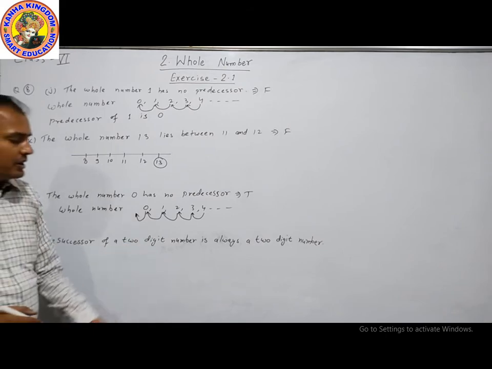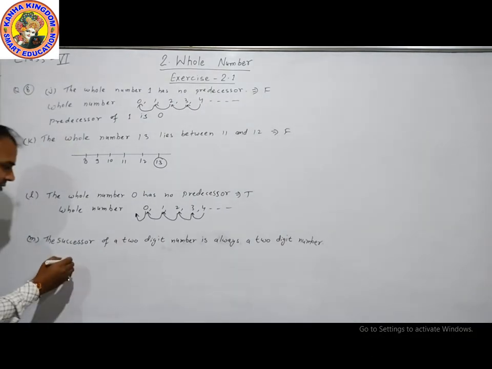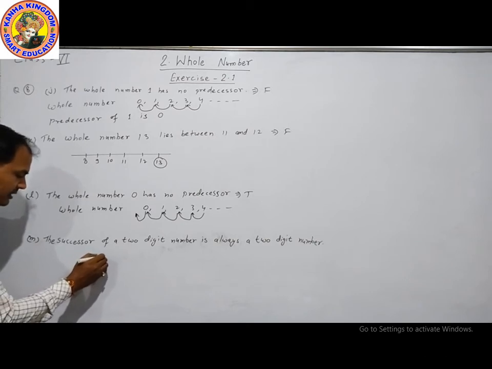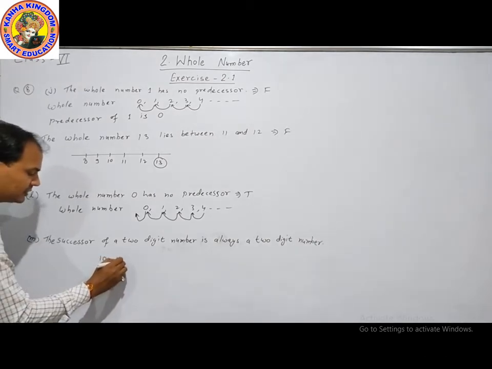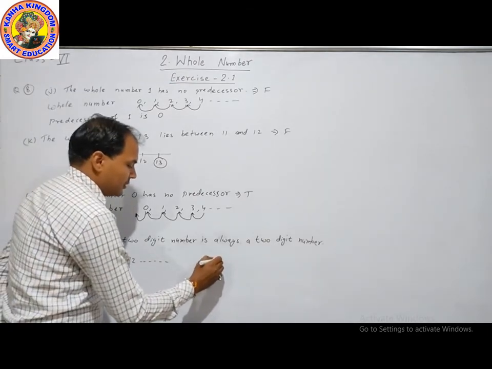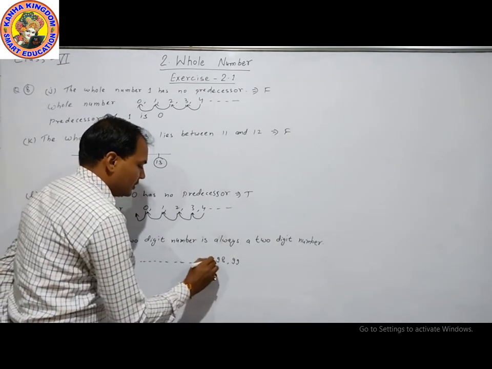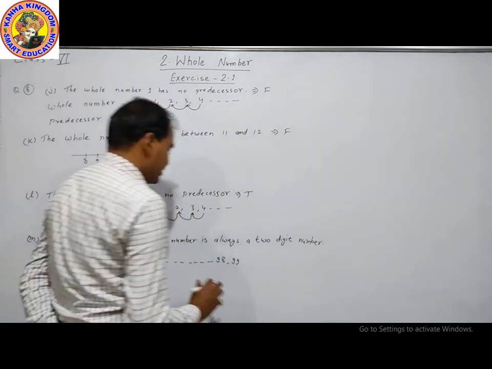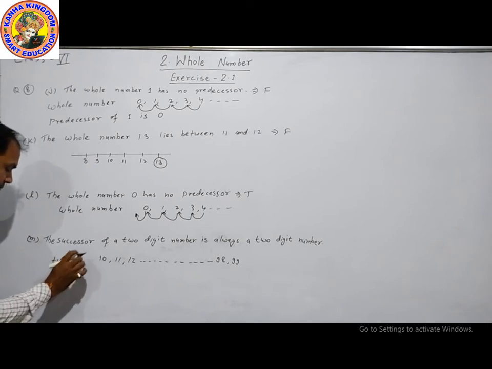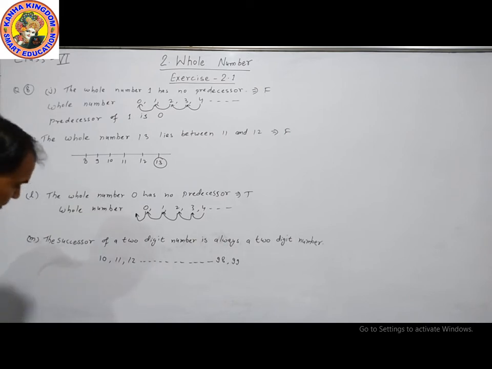The whole number 0 has no predecessor. The successor of a two-digit number is always a two-digit number. Which are the two-digit numbers? We write down the two-digit numbers: 10, 11, 12, and so on, 98, 99.